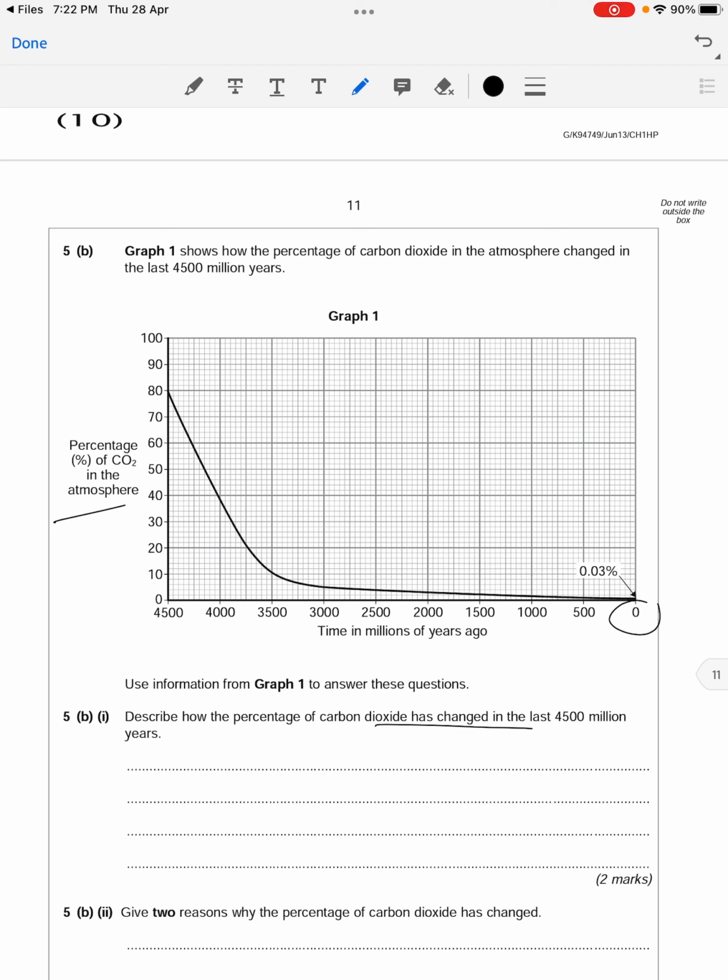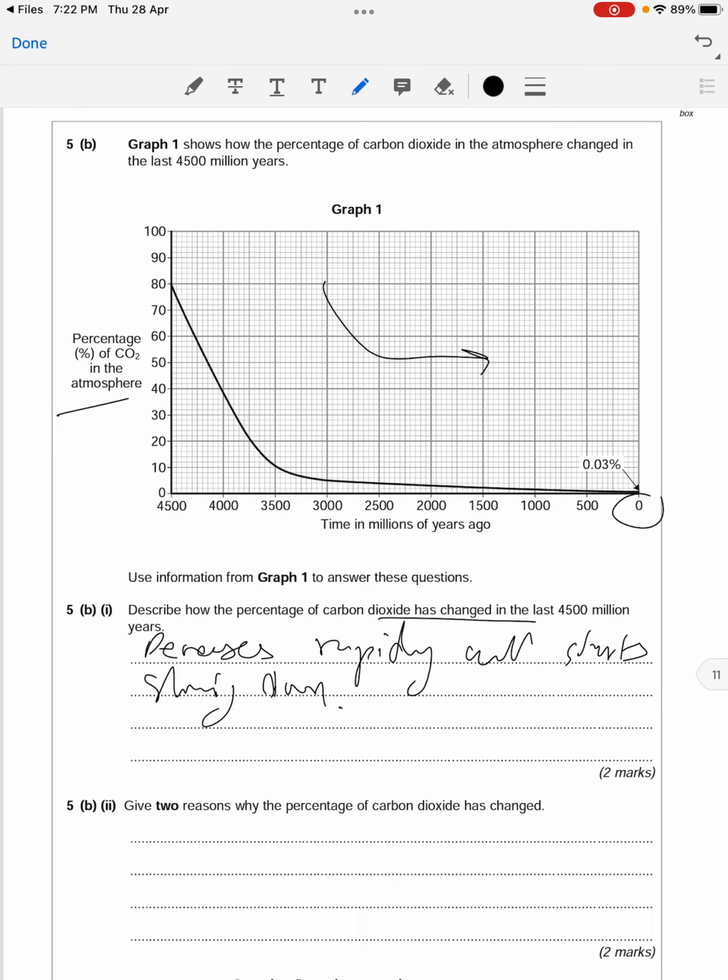So many people get the perception that it's increasing, but it's actually decreasing going forwards in time. At first I thought it was increasing, but actually it decreases rapidly and then starts slowing down. So you have to mention the word rapidly, decreasing rapidly, and then start slowing down.